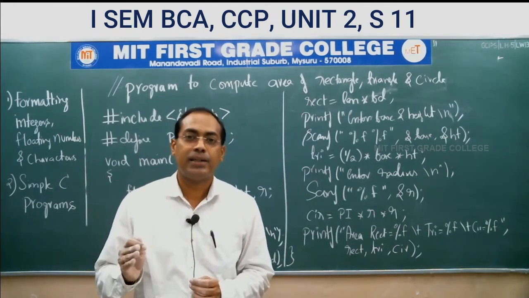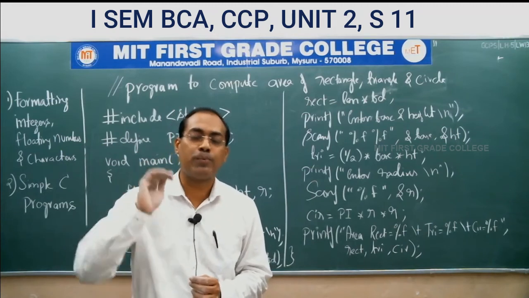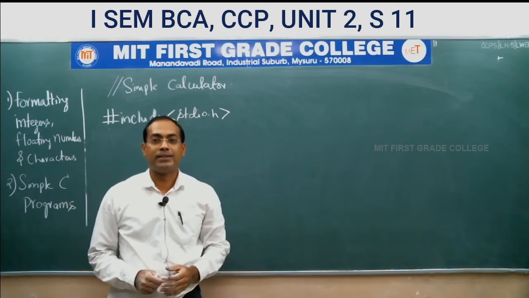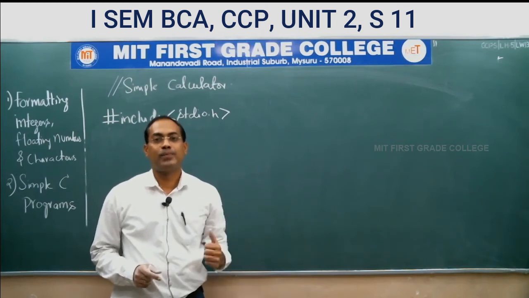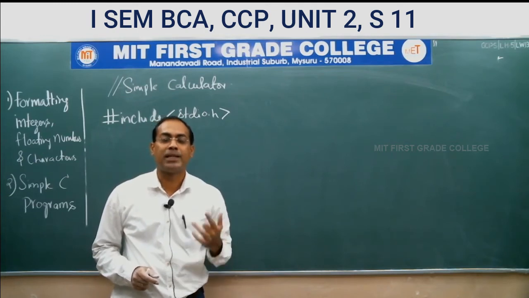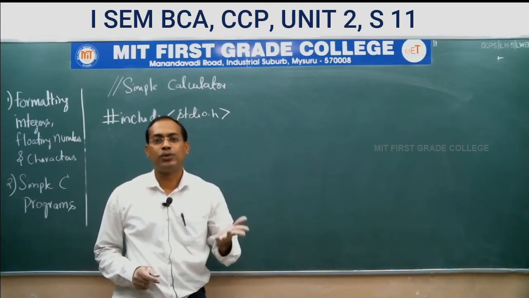Alright, next we are going to discuss one more program and end today's session. The name of the program is Simple Calculator. In this program we are going to compute addition, subtraction, multiplication as well as division of two inputs.